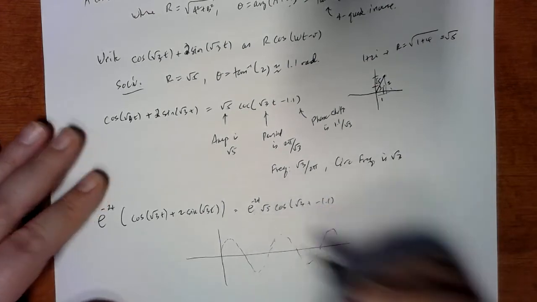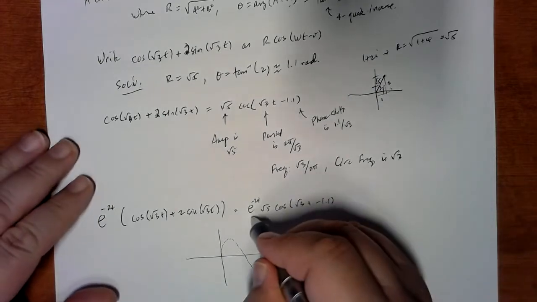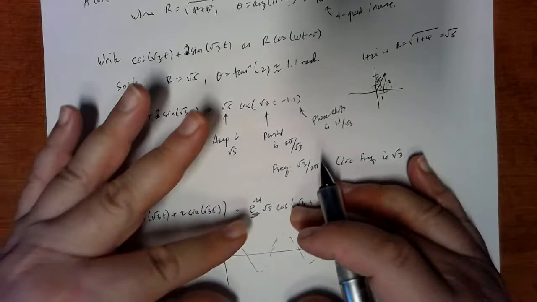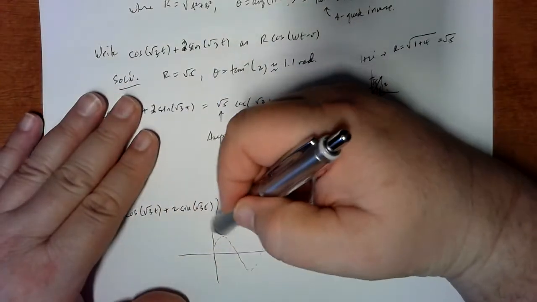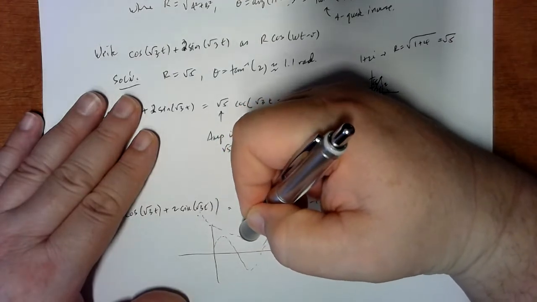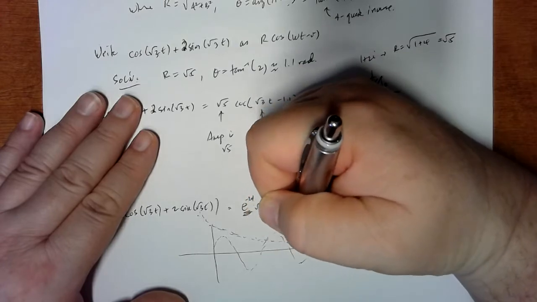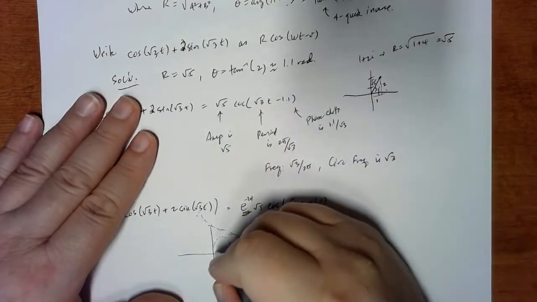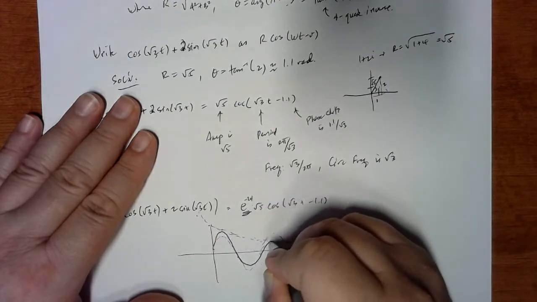And so as soon as I take into account the exponential function, what's going to happen to my function overall? This exponential function is going to squeeze the function together, right? And so the function is going to come down, and I can draw the exponential function as like an envelope over the top of this. And so the function might look like this now.